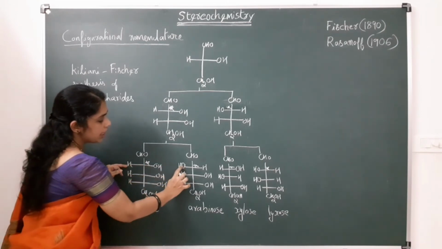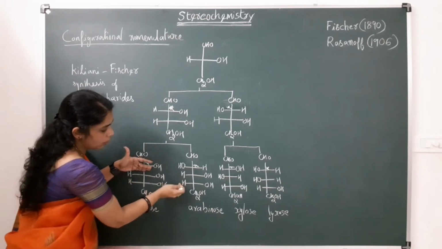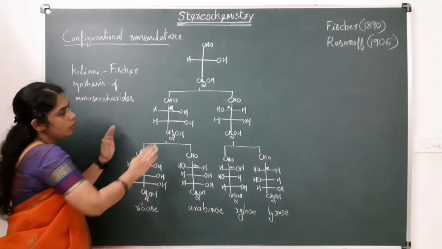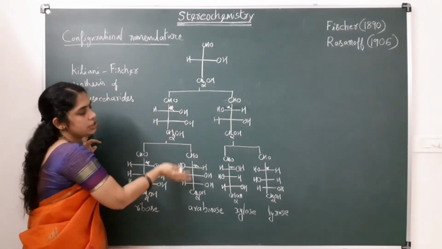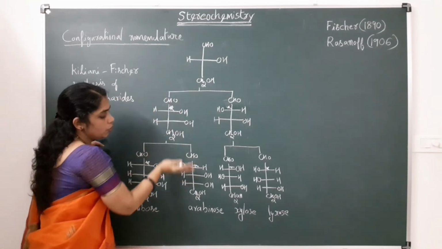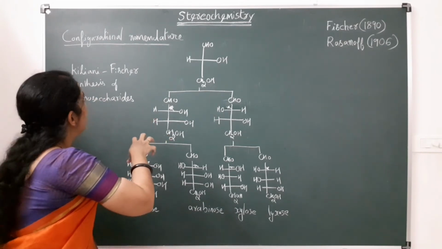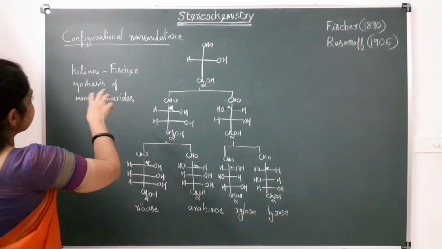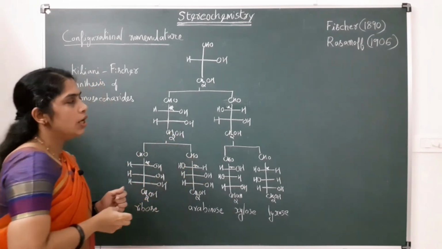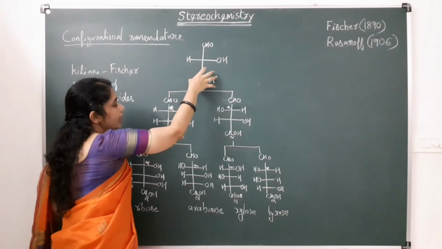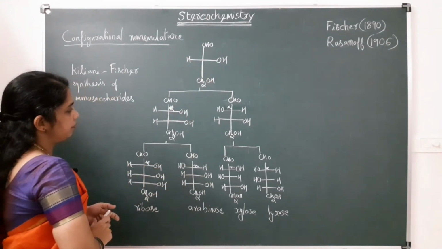Here it is HOH, here it is OHH, and the others remain the same. Here the H are on the left side, and here also the H are on the same side. So there is a relationship going from top to bottom. That is why this relative configuration is useful. By looking at this compound we can predict the configuration of the remaining ones.